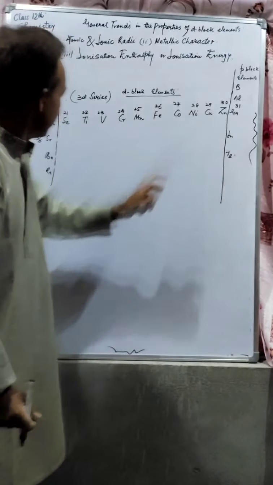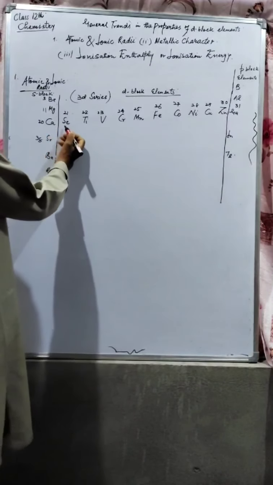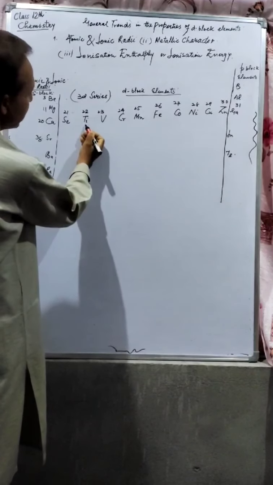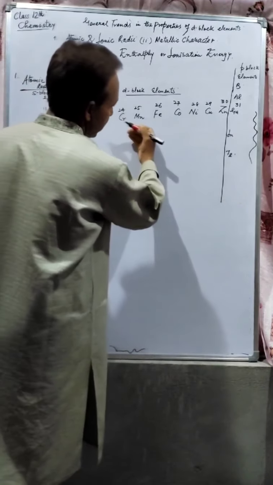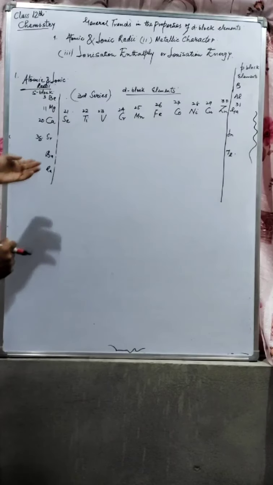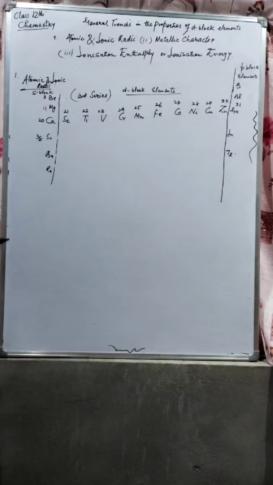That means scandium has higher atomic radii than titanium, and accordingly it will decrease. Similarly, the trend is followed by the 4d and 5d series.